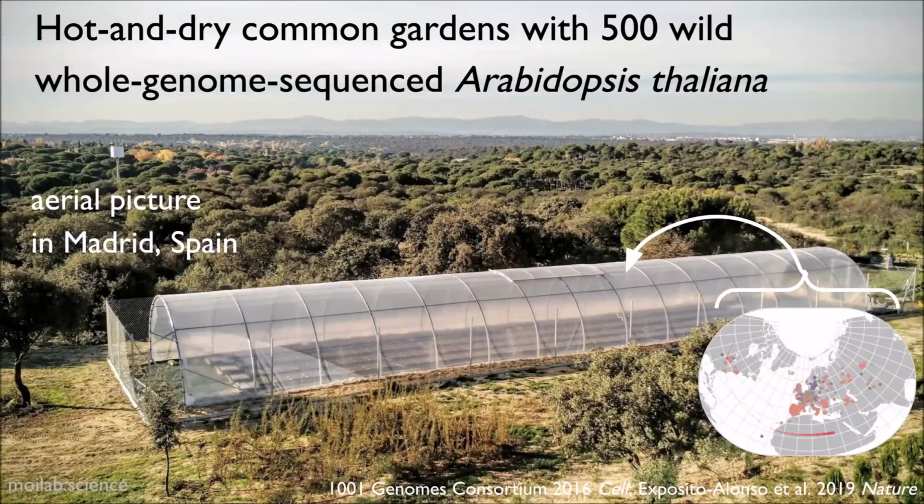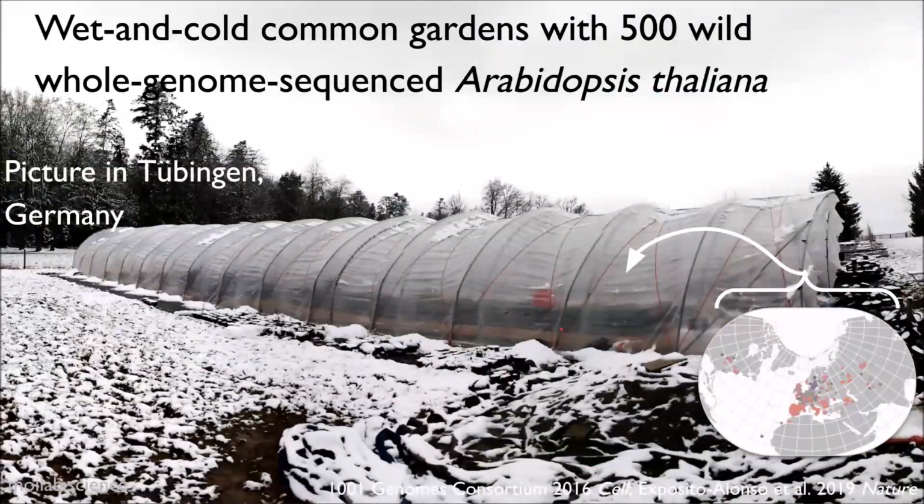And we transplanted 500 populations from the 1,000 genomes that have a broad distribution, as you can see here, and planted them at high replication levels in this experiment. Not only one site, again, but 2 locations, including Tübingen in Germany, where I was doing my PhD, so that we could see contrasting adaptations to these environments.